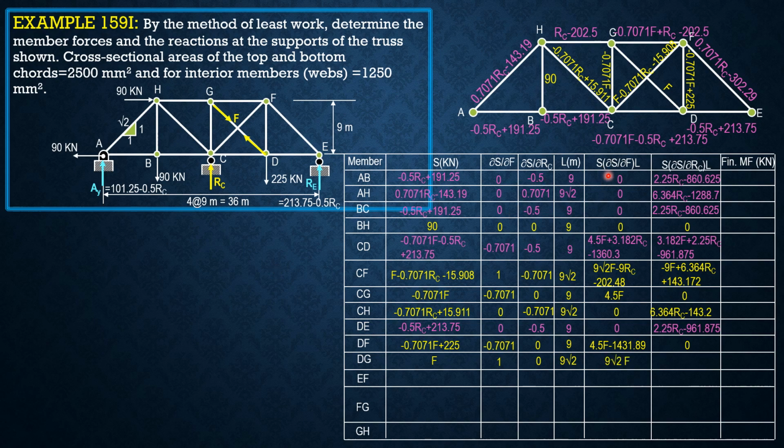So first, the partial of S with respect to F times length over AE equals 0. So 0 equals the summation of S, partial of S with respect to F, times L over AE, because the work done by an internal force is 0. Adding this column, we have color coding.